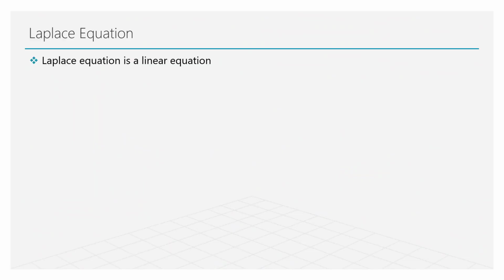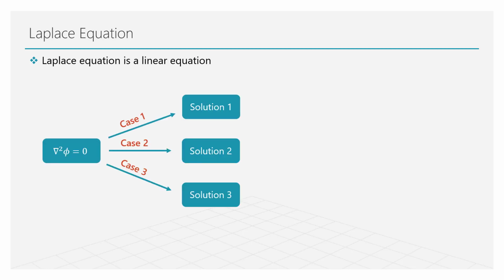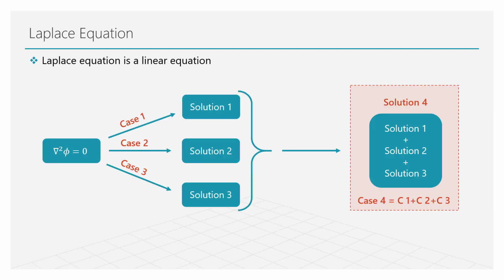Another feature of the Laplace equation is that it is a linear equation. As a result, multiple solutions of the Laplace equation can be stitched together to create a more complicated flow field. This technique is referred to as the superposition, which we will look at in our next lesson.